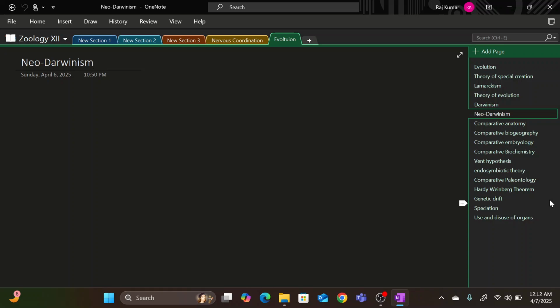It did not include any factors from genetics, or what role genetics played in evolution.